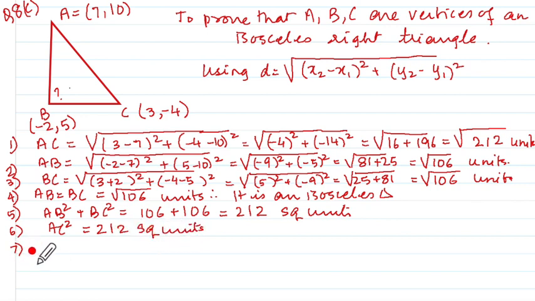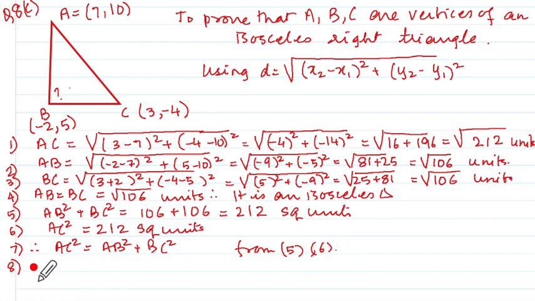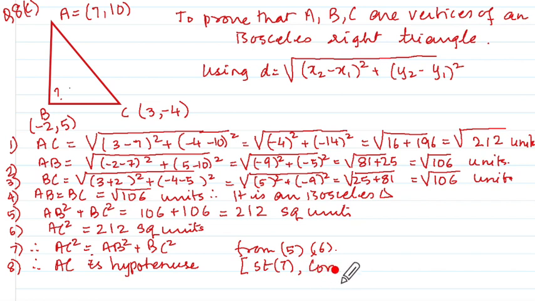And sixth statement, we will say AC square is equal to again 212 square units. And seventh statement, therefore, AC square is equal to AB square plus BC square, and this will be from statements 5 and 6. Eighth statement, therefore AC is hypotenuse, and this will be from statement 7, and it will be by converse of Pythagoras theorem.